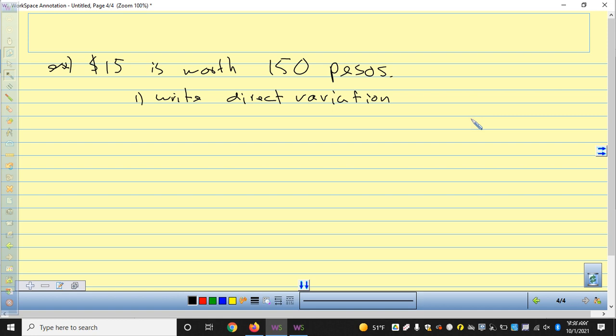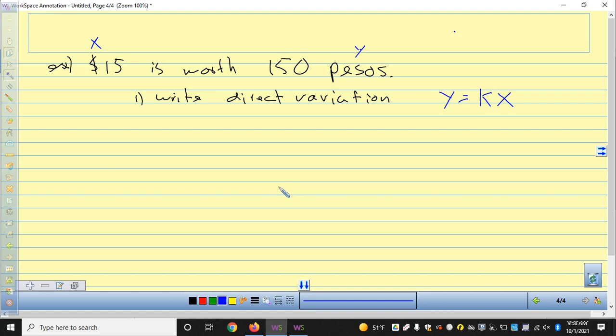So our direct variation always looks like y equals kx. So let's call the pesos x and the dollars y. Or do I want to do it the other way? I'm going to do it the other way. It just depends on how you set it up.